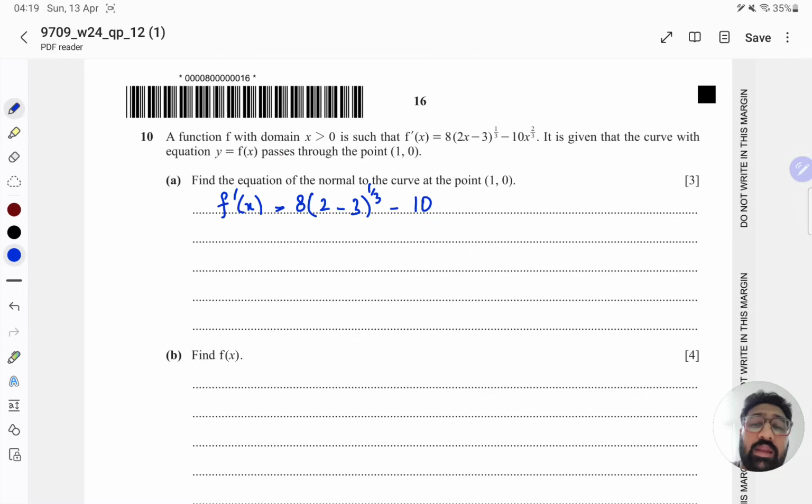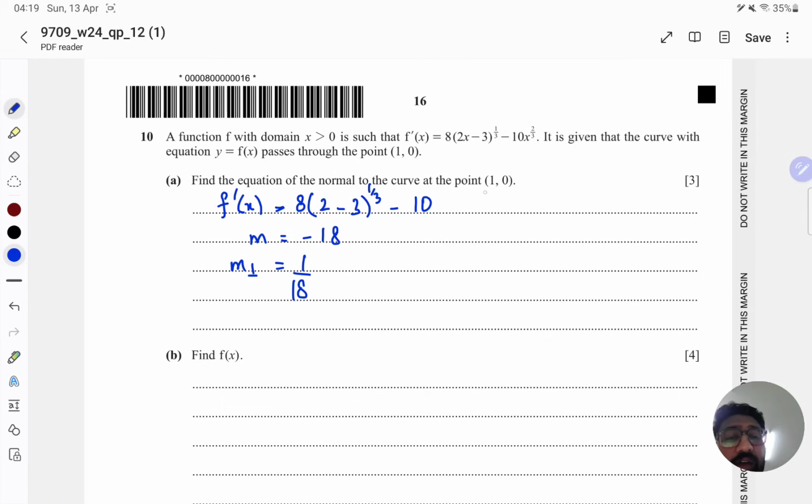So 8 bracket minus 1 to the power 1 by 3, and minus 10 from here, yes, the gradient is minus 18. Yes, so the gradient of the perpendicular will be 1 by 18.